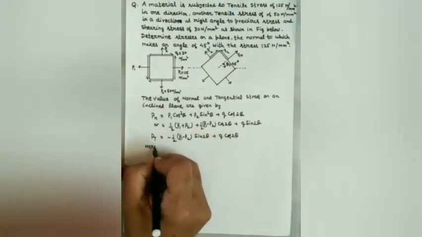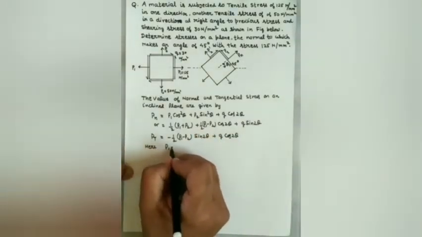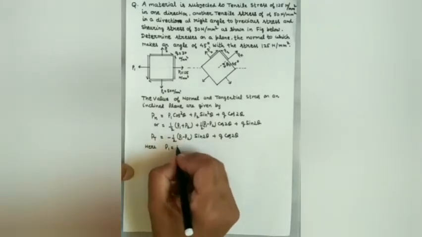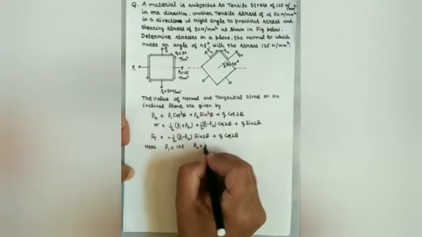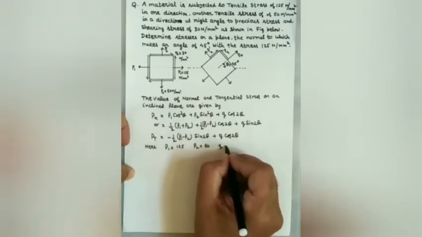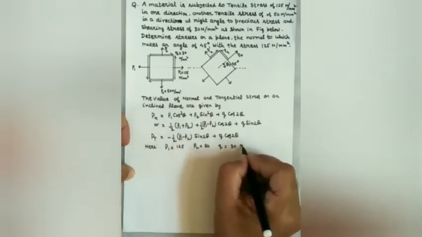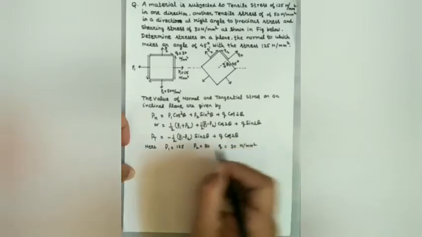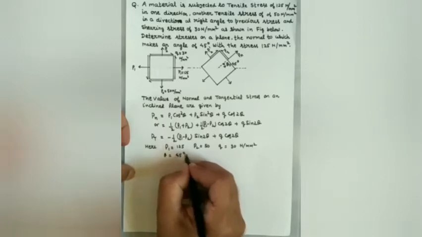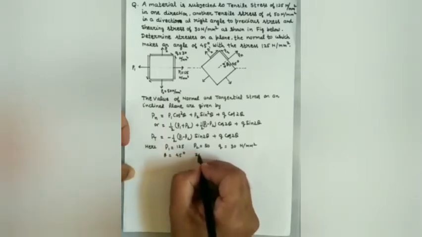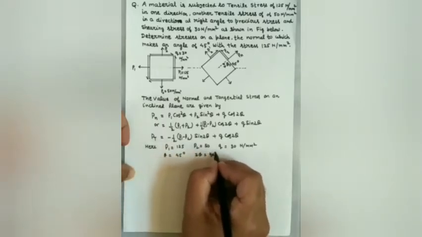The values here are given, such as P1 is equal to 125 Newton per mm square, P2 is equal to 50 Newton per mm square, and Q is 30 Newton per mm square. The angle of inclination theta is 45, so 2 theta will be equal to 90 degrees.